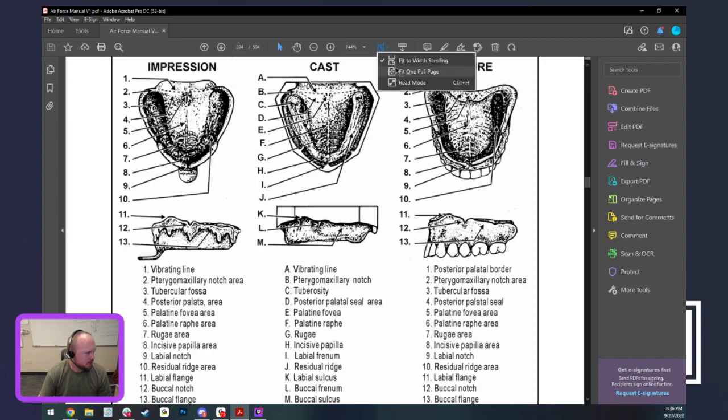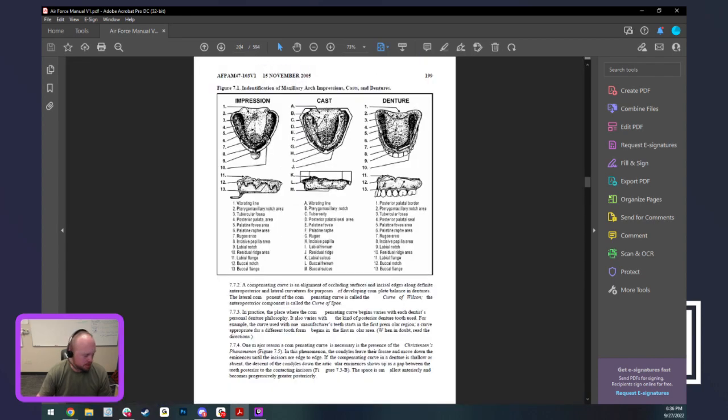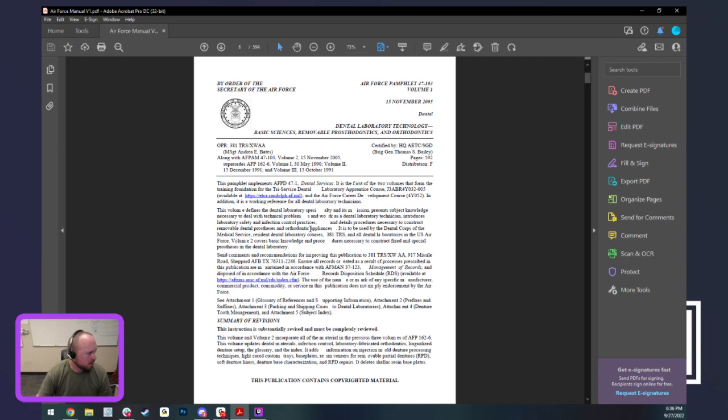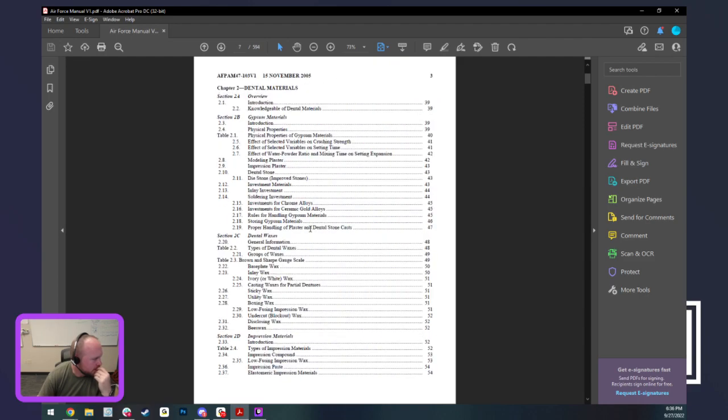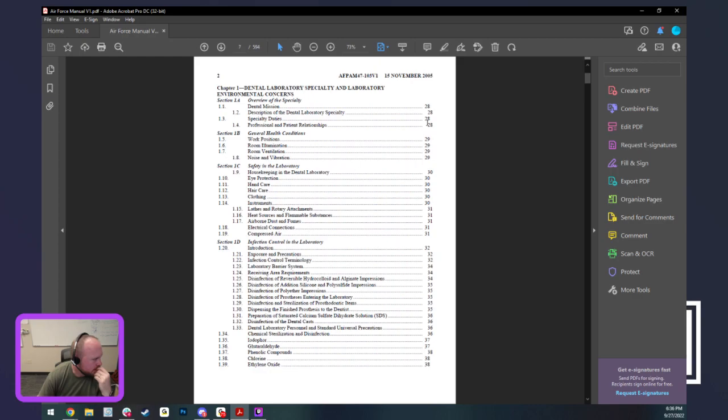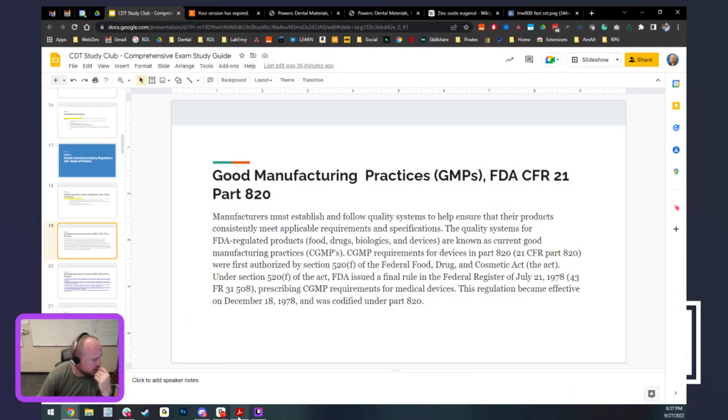I'm going to take this to here because it's easier to see. Good manufacturing processes.